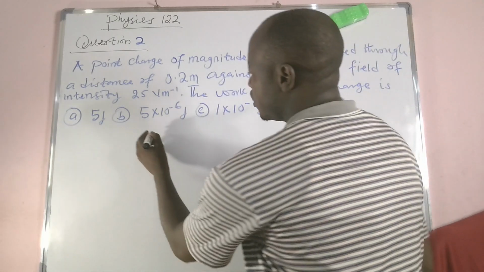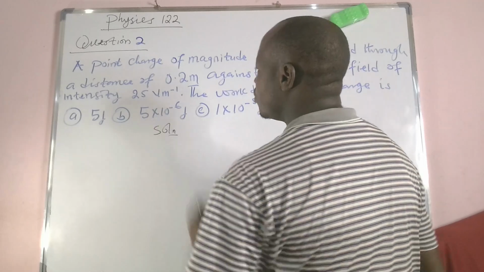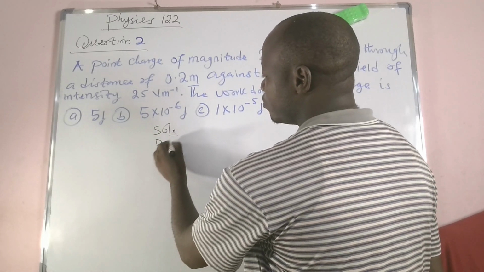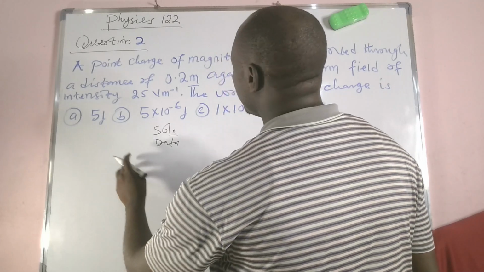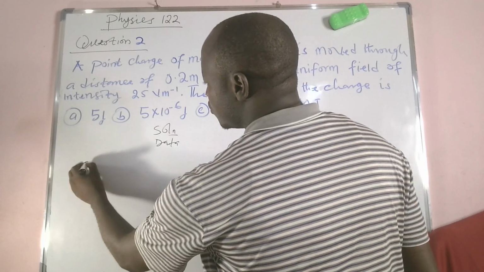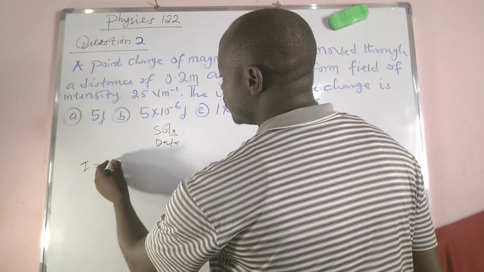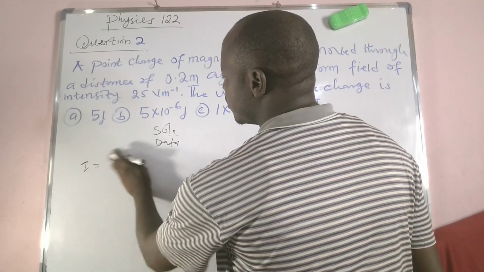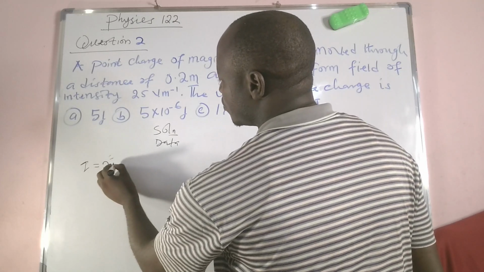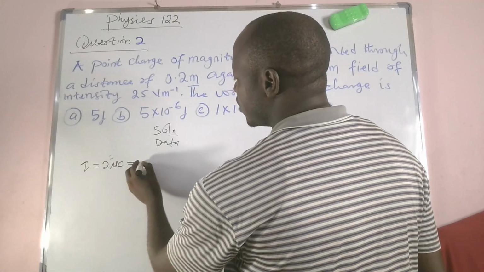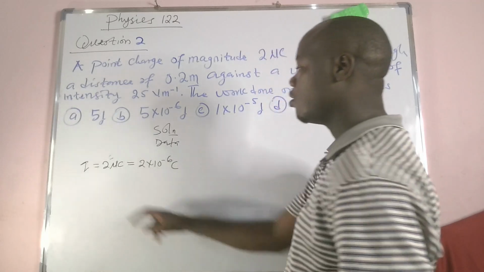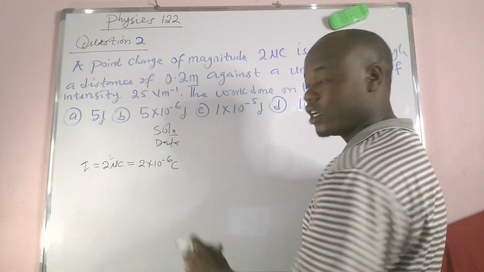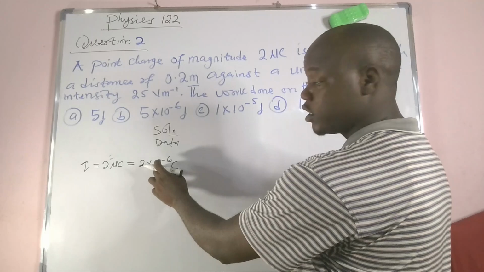So now let's bring the data. We have a point charge of magnitude Q equal to 2 microcoulomb, and 2 microcoulomb is 2 times 10 raised to the power of minus 6 coulomb, because micro is the same thing as 10 power minus 6.